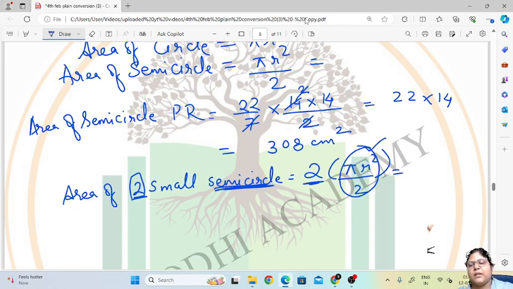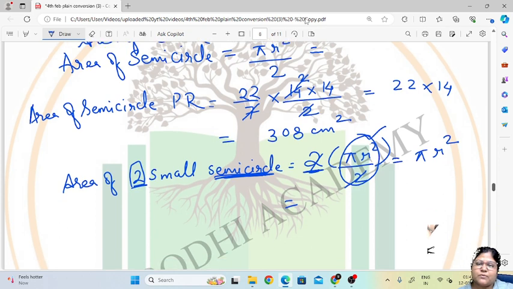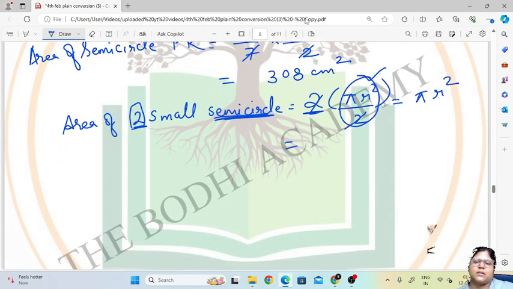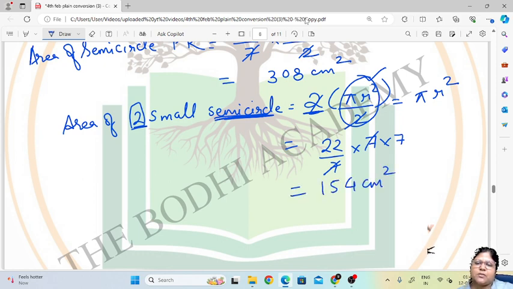So when you solve them, you get this 2 and 2 cancelled. You are only remaining with pi r square. But remember, this time the r value is different because we are finding out for the small semicircle. So 22 upon 7 into 7 into 7. This time the r is 7. So 7 gets cancelled. Now it gives you 154 centimeter square.